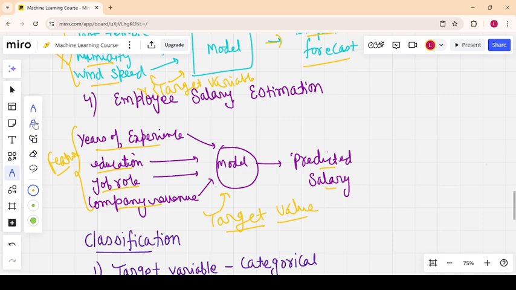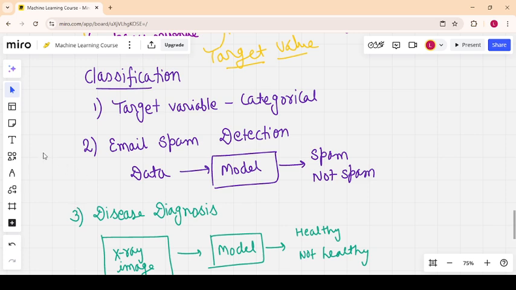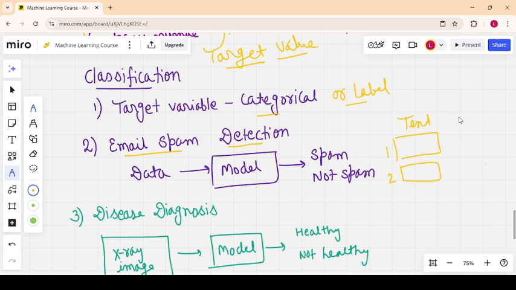The second type is classification. Here the target variable is categorical, or a label. To explain this classification task, I take the example of email spam detection, in which we have a data set having text, like text 1, 2, and having a label that is spam or non-spam.